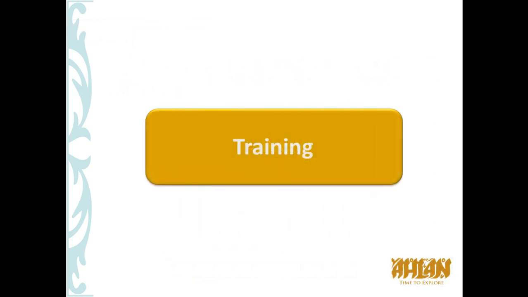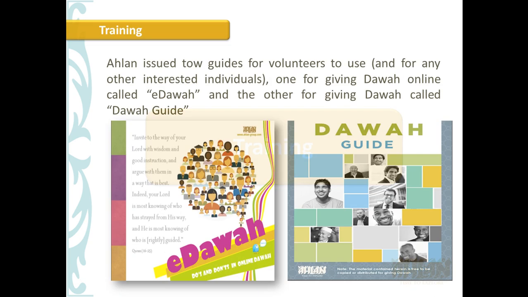Training activities: alhamdulillah, Ahlan issued 2 guides for volunteers to use, or for any other interested individual, one for giving da'wah online called e-Da'wah, and the other for giving da'wah called Dawah Guide. The Dawah Guide has many parts included in this training, and inshallah we'll send the link to the Dawah Guide into the group.